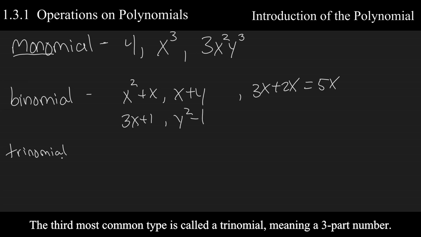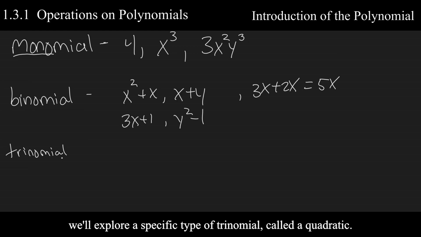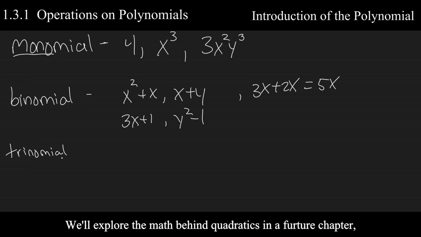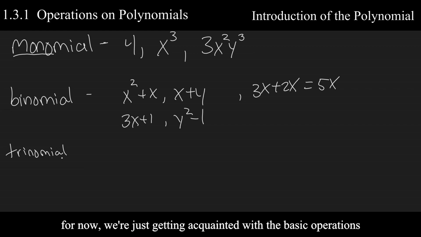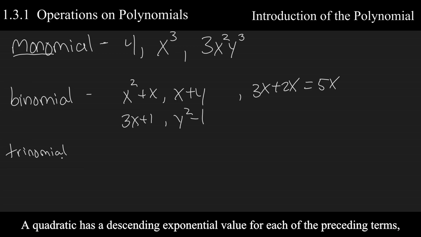The third most common type is called a trinomial, meaning a three-part number. Most commonly here in algebra, we'll explore a specific type of trinomial called a quadratic. We'll explore the math behind quadratics in a future chapter. For now, we're just getting acquainted with the basic operations on equations and expressions of that form. A quadratic has a descending exponential value for each of the preceding terms.